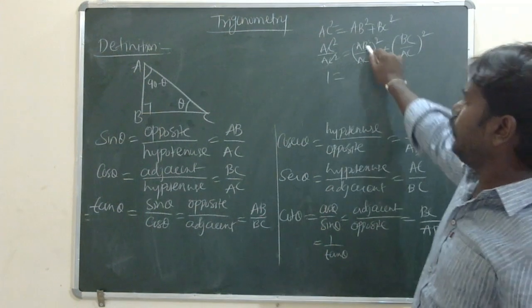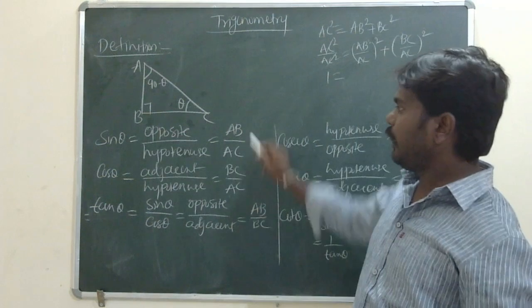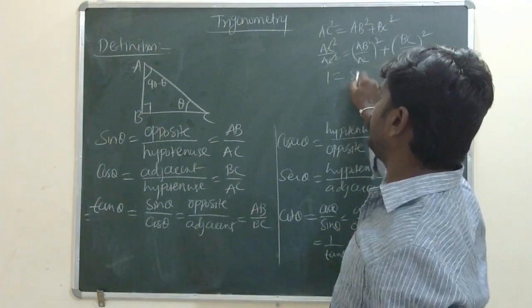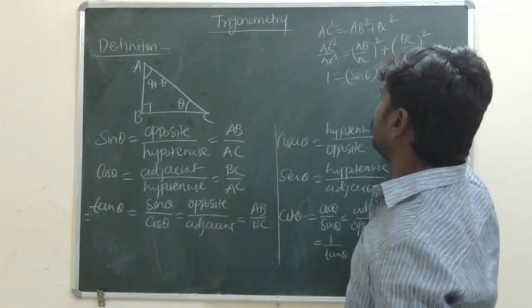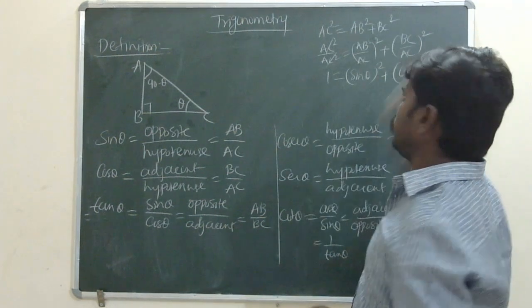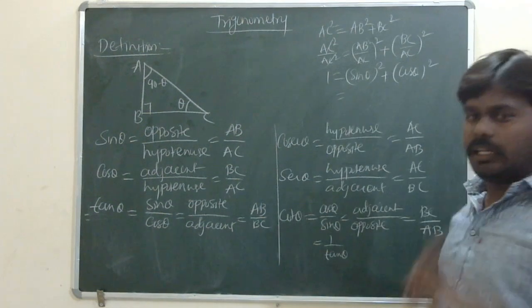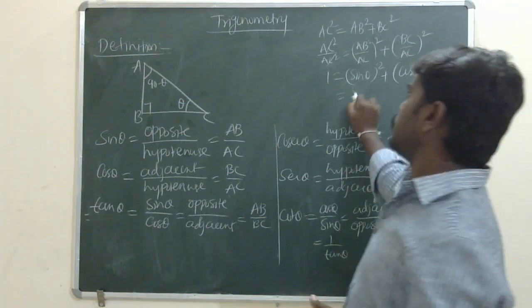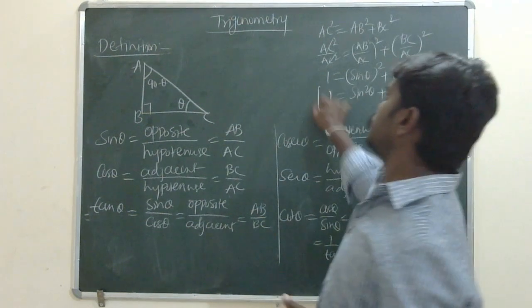Okay. So now AB by AC, what is meant by AB by AC means here sin theta. So here sin theta whole square plus BC by AC means here cos theta whole square. So here sin theta whole square means here sin theta into sin theta, that is nothing but sin square theta plus cos square theta, which is equal to 1.